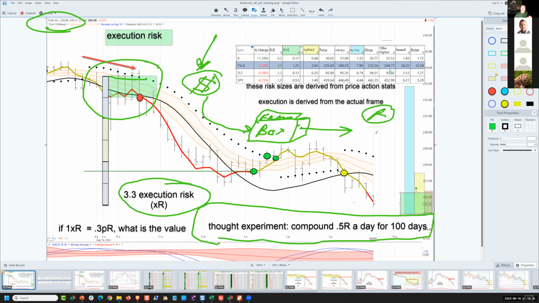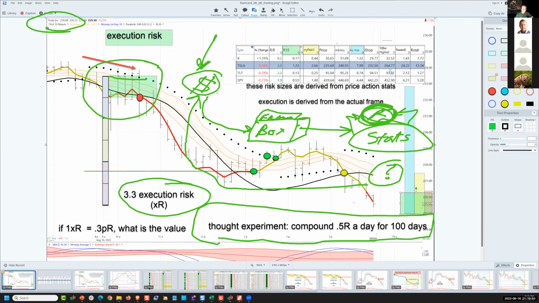And then you can use the stats of consistency and trader quality number and all that. The statistics of the R capture will then help you decide how much you're willing to risk in actual dollars. So if my total portfolio is this, and I'm really trying to decide what is the percentage of that total portfolio that is my upper limit on dollars at risk.